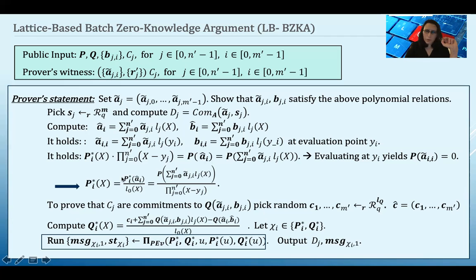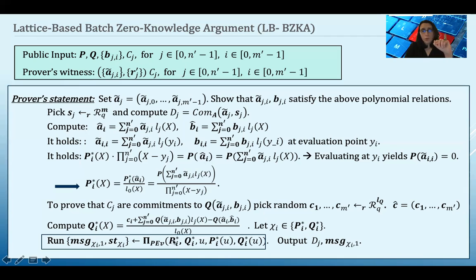has the following form. And to prove that the Cj's are commitments to a Q on input AJI and BJI, the prover will pick random vectors C1 to Cm prime and compute another polynomial Qij of x, which can be represented as follows.